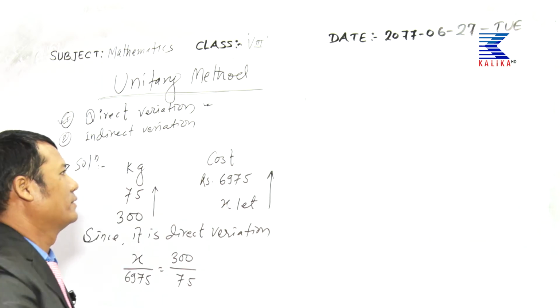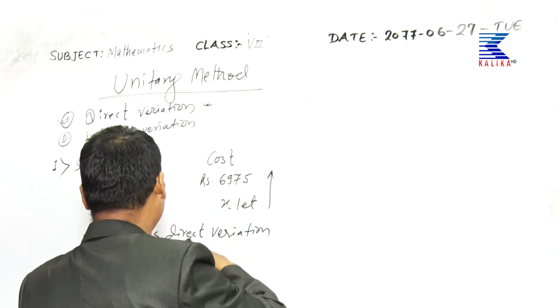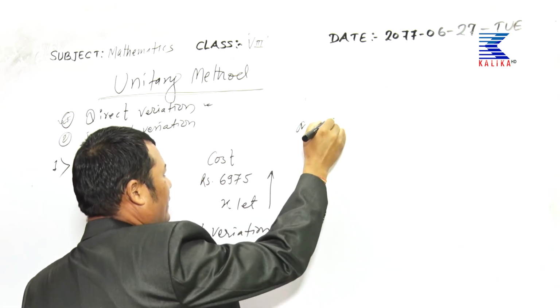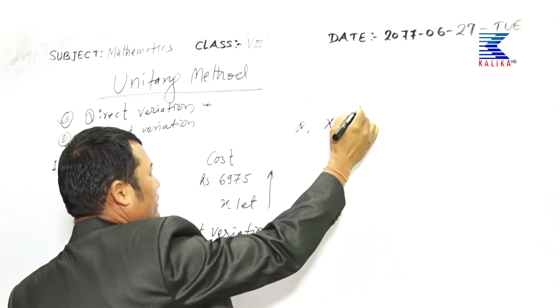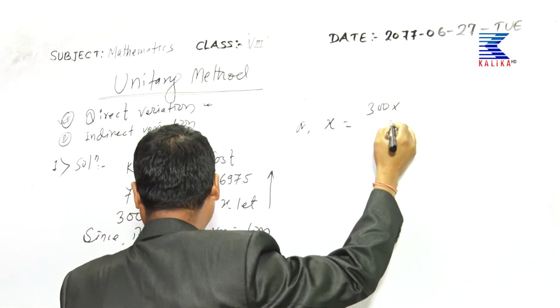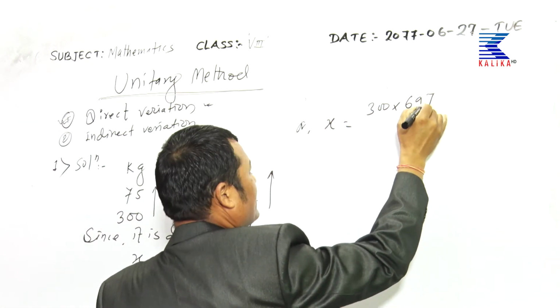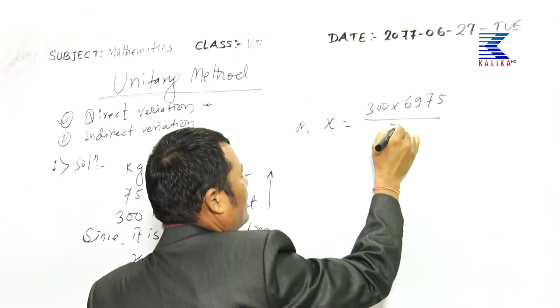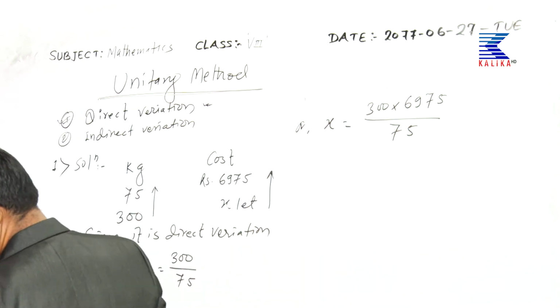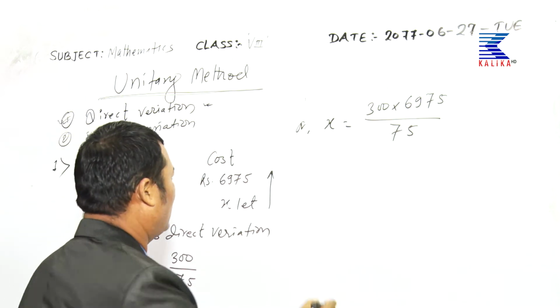Now cross multiply: x is equal to 300 multiplied by 6975 upon 75.